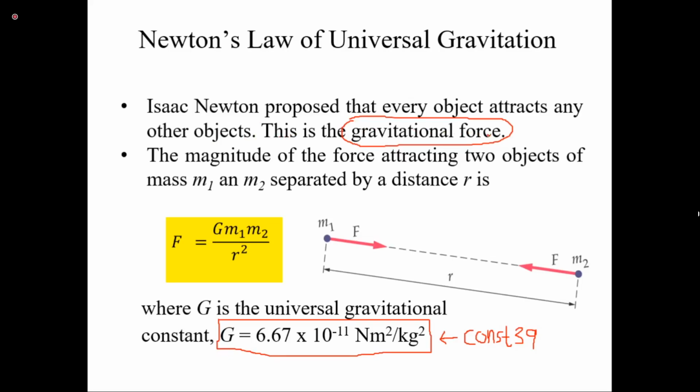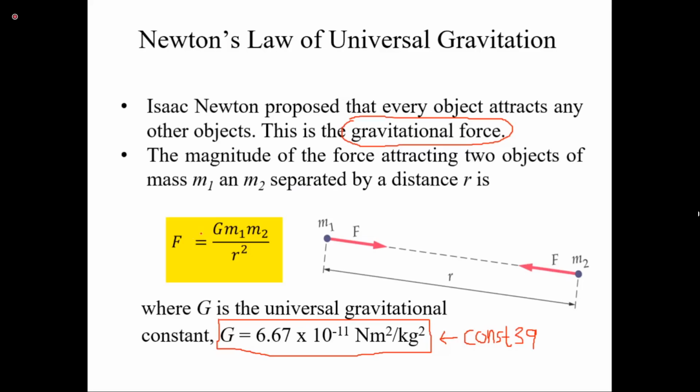Like I said just now, it is not only between the planets; it can also be between two objects. The magnitude of the force attracting two objects of mass m1 and m2 separated by distance r is given by this formula. We call this the gravitational force. Listen carefully.